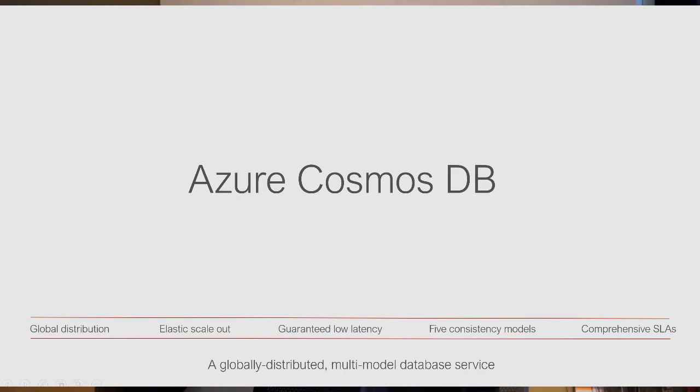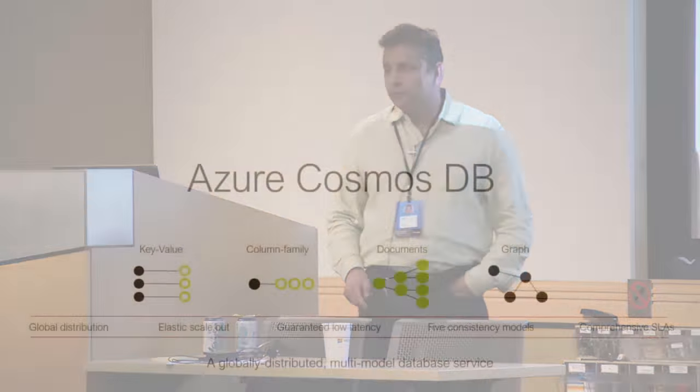Now, on top of this core platform, we built the multi-model database, and the reason is all the devs and all the enterprises want flexibility. You want to keep the data the way you want. You just heard about graph database, document database, column family and key value.